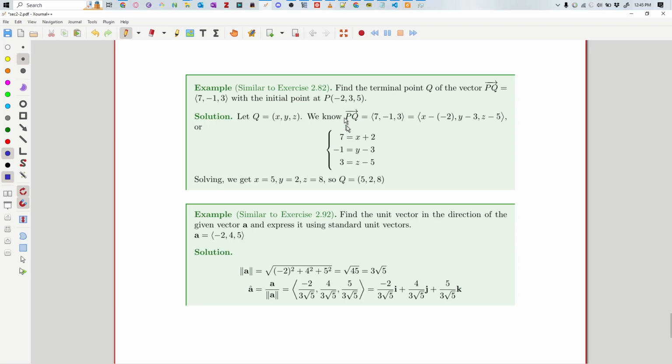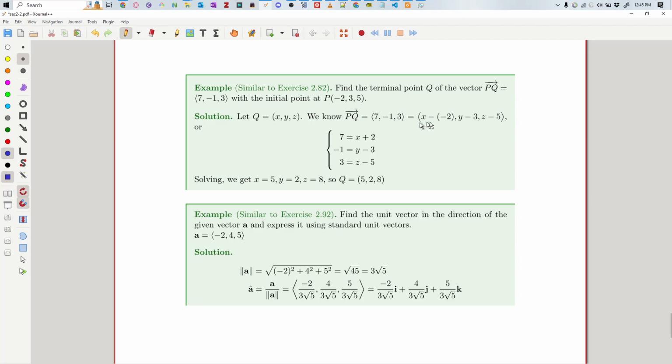So the vector PQ from P to Q, which is given to us, well, the way that we would have computed this in the first place is we would do terminal point minus initial point, Q minus P. So it would be this point minus this point, and then we do the subtractions component by component. So x minus -2, y minus 3, and z minus 5, which is what I've written here.